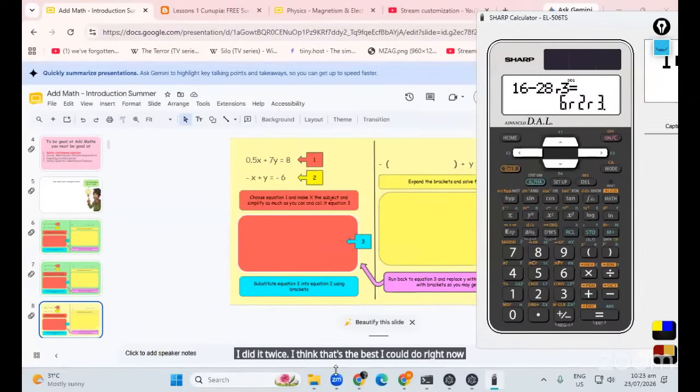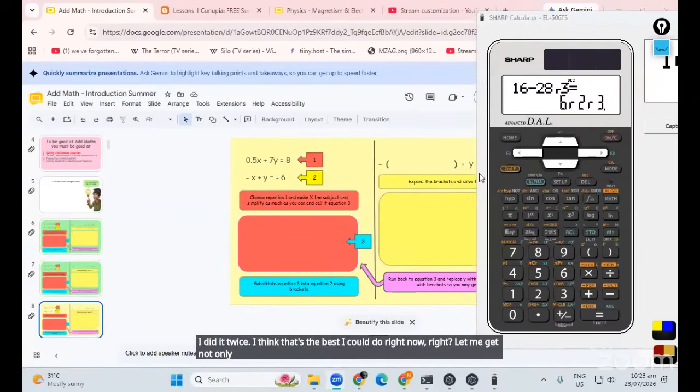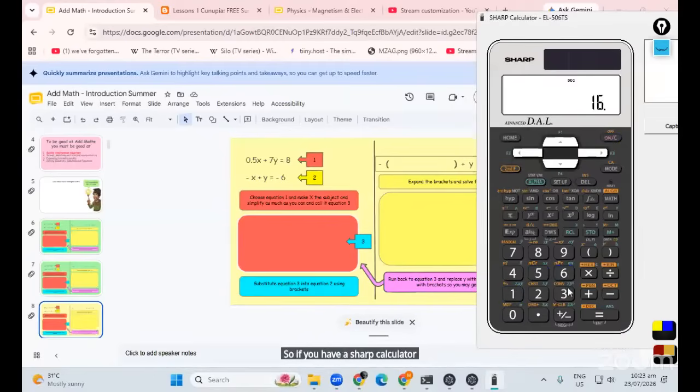So if you have a Sharp calculator, press 16 minus, press 28, that's the numerator, then the ABC button, and 3. That means 28 over 3. Press equal. Bam. 6 and 2/3. So you got to see it 3 times.